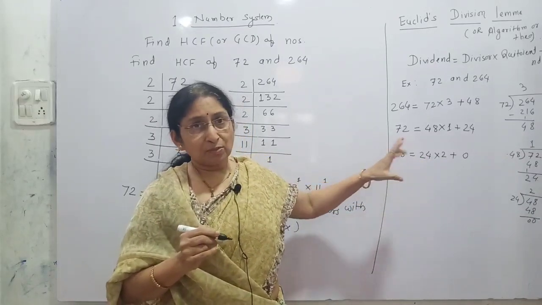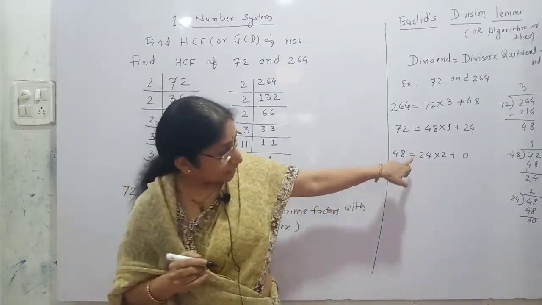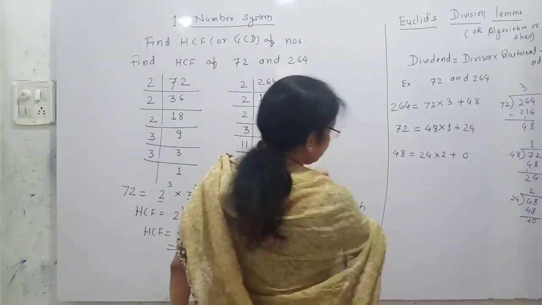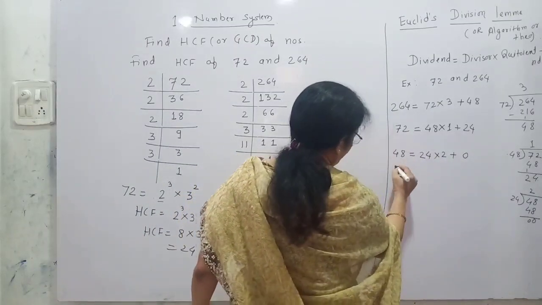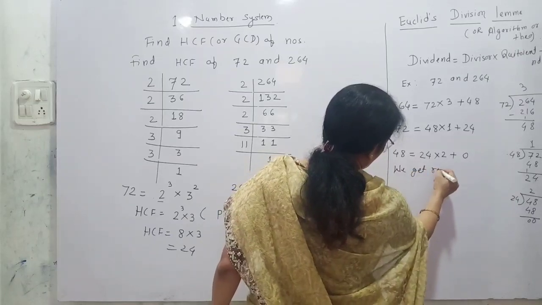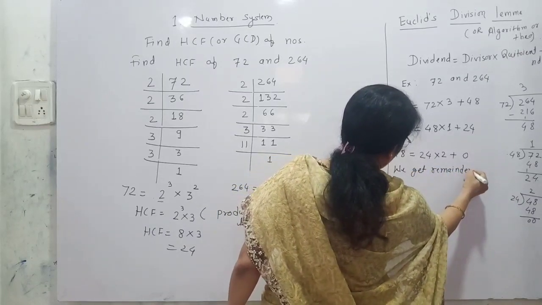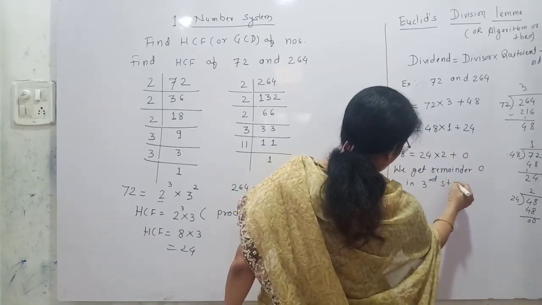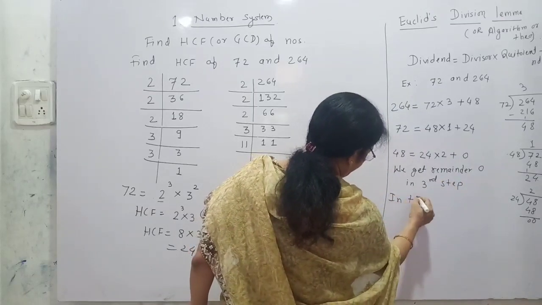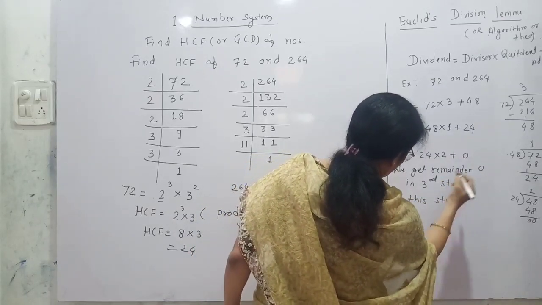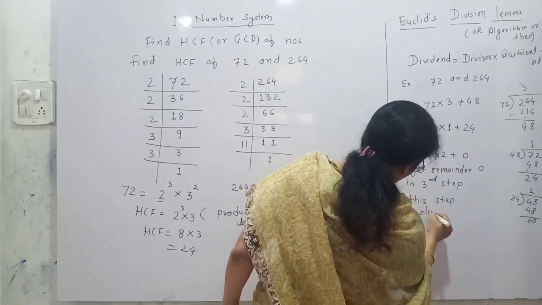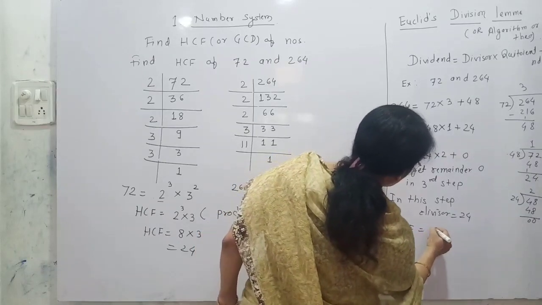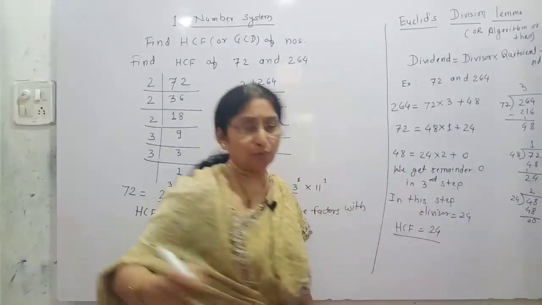The step in which you get remainder 0, the divisor in that step is the HCF. So here we get remainder 0 in the third step, and in this step the divisor is 24, hence HCF is 24.